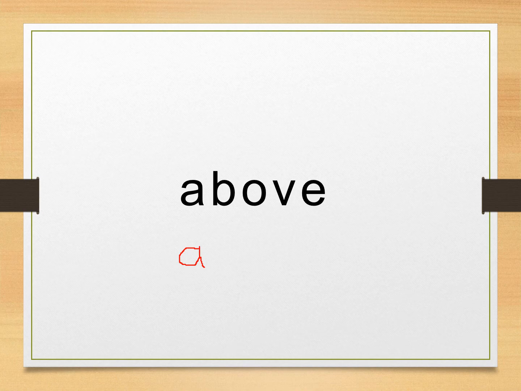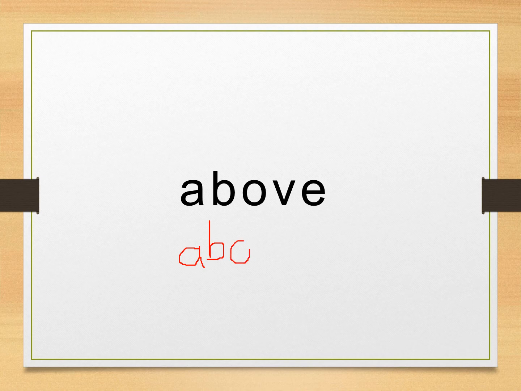The next word is above. I saw an eagle flying in the sky above. Above. This word is tricky because of the vowel sounds in it. It sounds like above, but it's actually, there's an A making the sound. B, no surprises there.